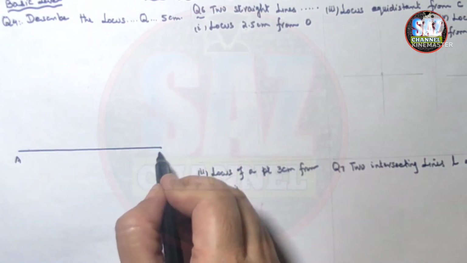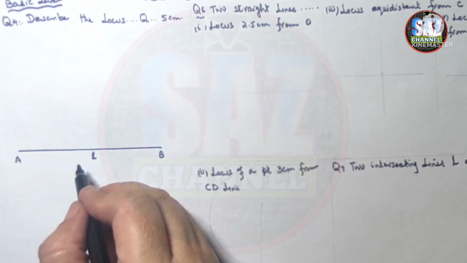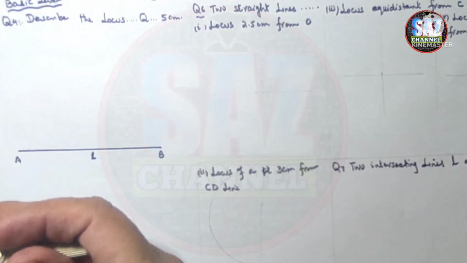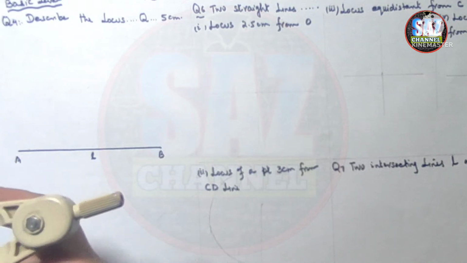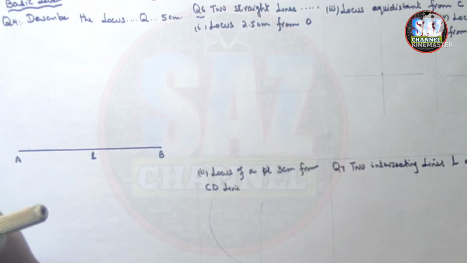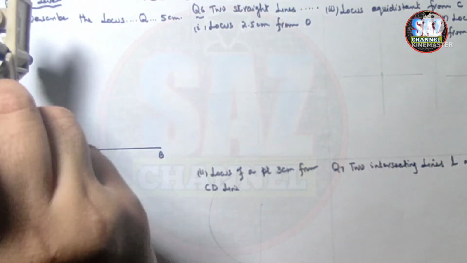And then what we have to do, we have to open the arm of the compass to a radius of 5 centimeter. Now, let me hold my compass at 5 centimeter. You have to do this whole work with pencil, but as I want to show this work clearly, that is why I am using pen. This is 5 centimeter open, and now we have to construct the arcs.